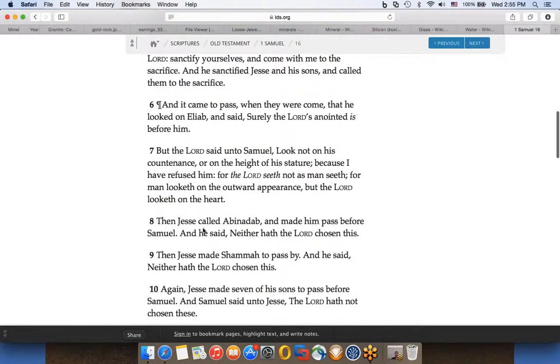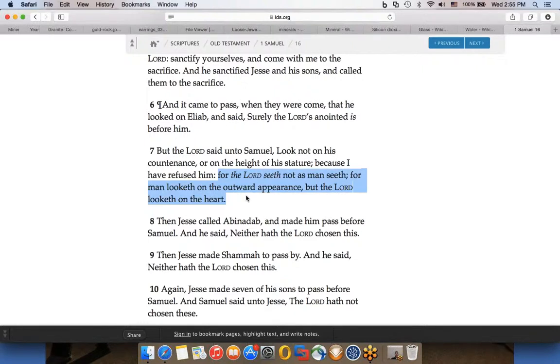This is a classic part. The part we are going to focus on says, "For the Lord seeth not as man seeth, for man looketh on the outward appearance, but the Lord looketh on the heart."